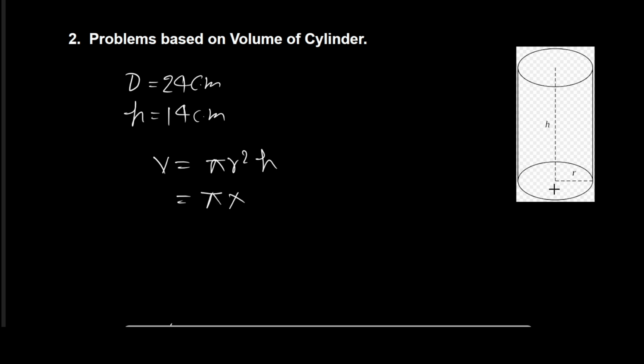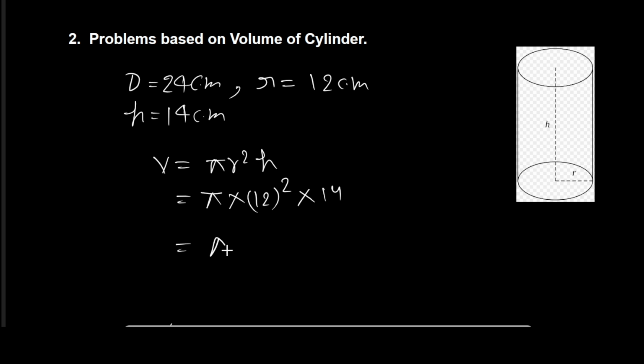R is the radius of the cylinder and the given term is the diameter of the cylinder. So the radius of the cylinder is half of the diameter. So the radius is 12 centimeter. So let's plug r equal 12 in this formula. So 12 times 12, the square of 12, times h. The height of the cylinder is 14.